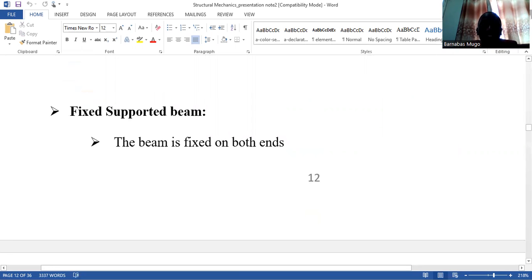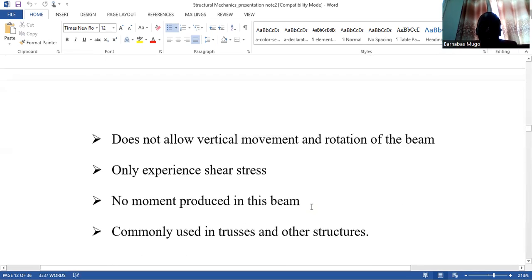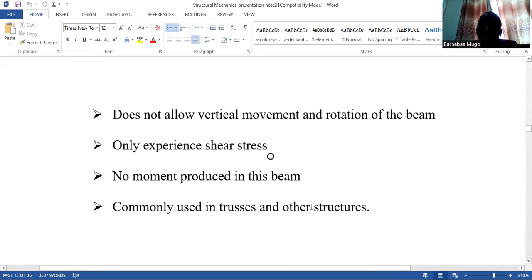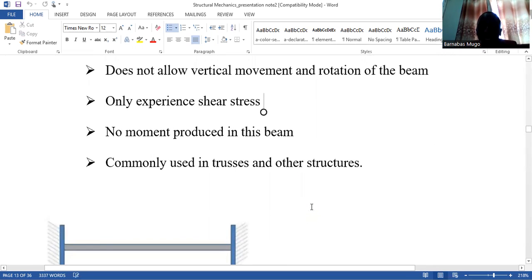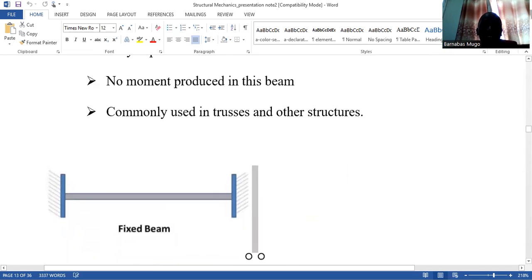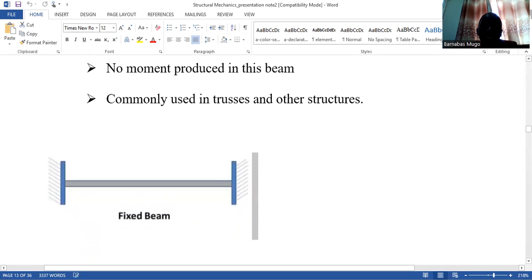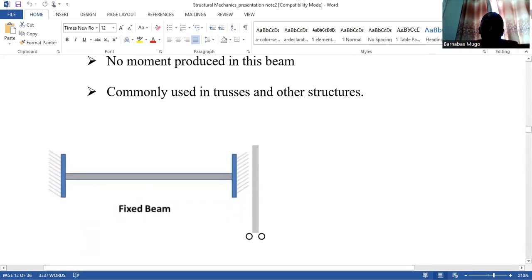Then we have another kind of beam that is called a fixed support beam. This beam is fixed on both ends, and it does not allow any movement either horizontally or vertically. The only thing that is experienced here is shear stress, and there is no movement that can be observed. This kind of support is in most cases used in trusses and other structures.